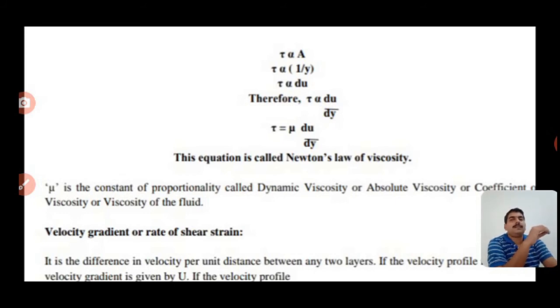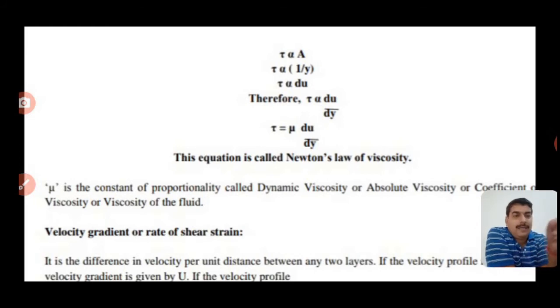Therefore, shear stress tau is directly proportional to the cross-sectional area, and tau is also directly proportional to 1 upon y, that is the strain, and tau is directly proportional to du, the change in velocity.